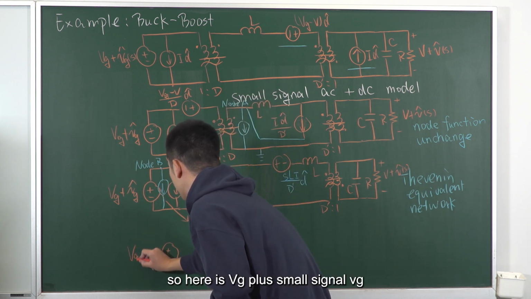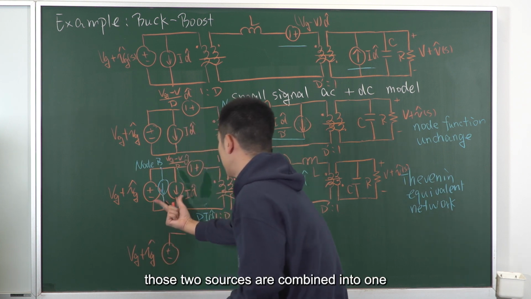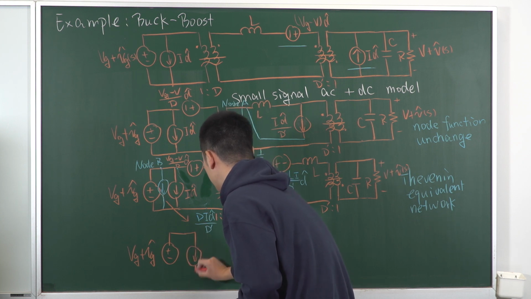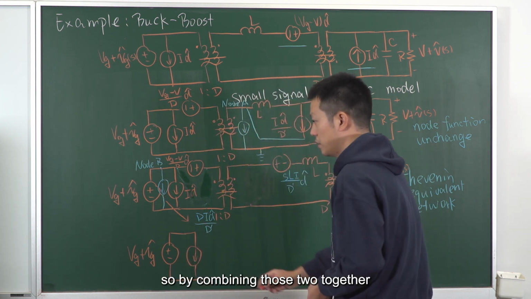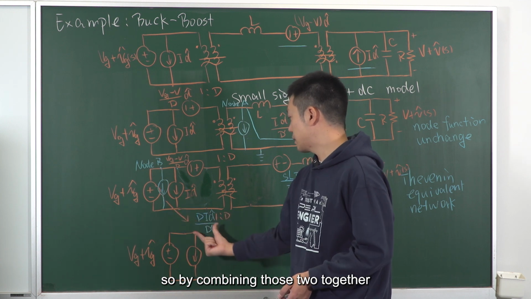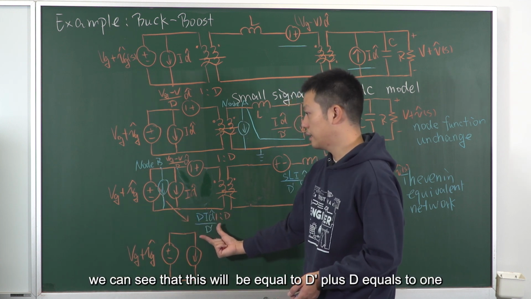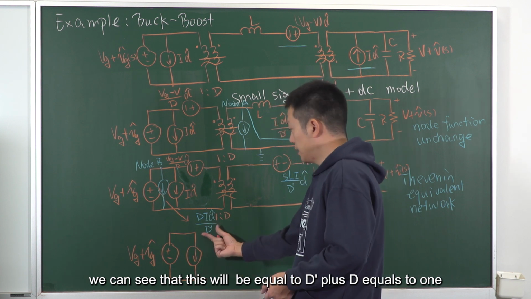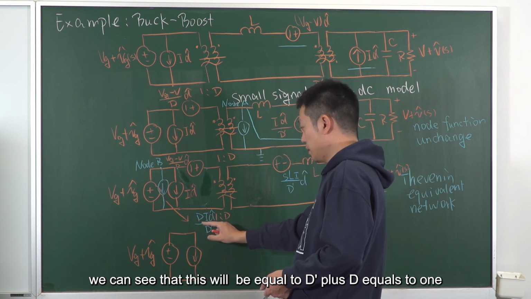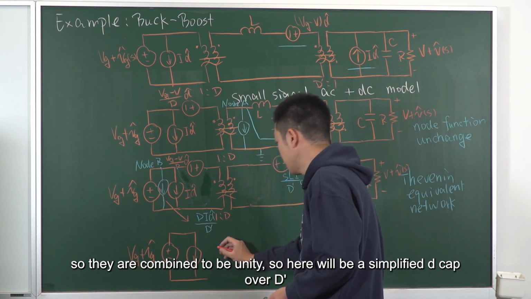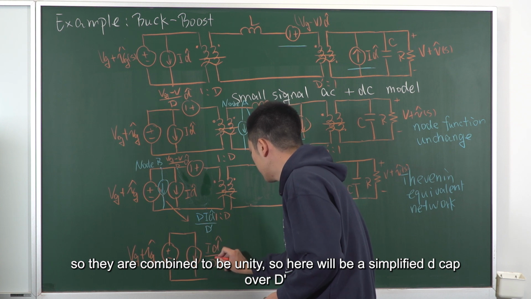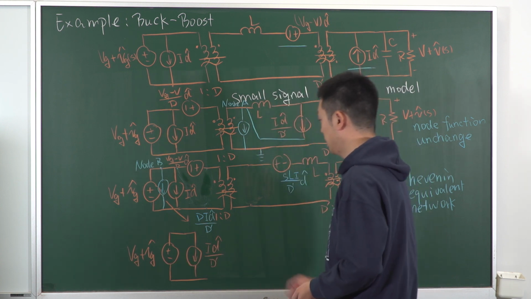So here is Vg plus small signal Vg. Those two sources are combined into one. By combining those two together, right, we can see that this will be equal to d prime plus d equals 1, right? So they are combined to be unity. So here will be simplified as d cap over d prime.